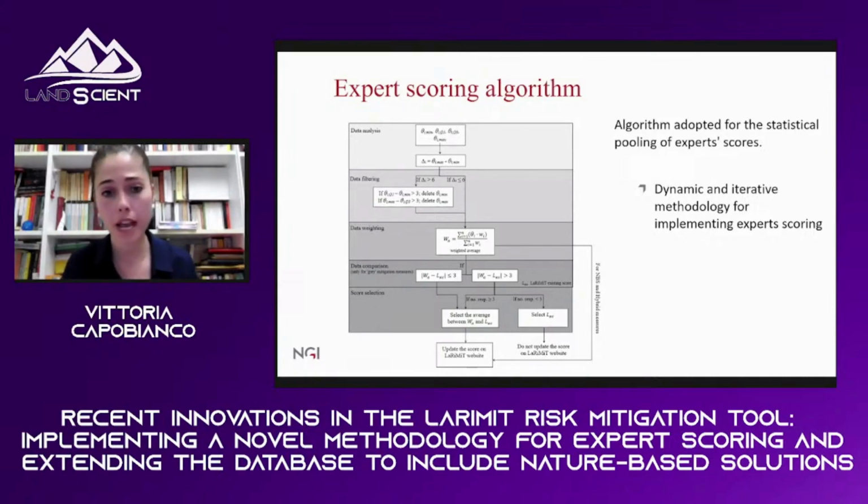So as soon as new expert scores are coming in, we can just use the expert scoring algorithm and update the scores of the mitigation measures on the website. And it's based on different phases. So we have a data analysis where we calculate the minimum, the maximum, the quartiles of the scores, and then we do some data filtering. Some data weighting, and then at the end we do a score selection and we update it on the website.